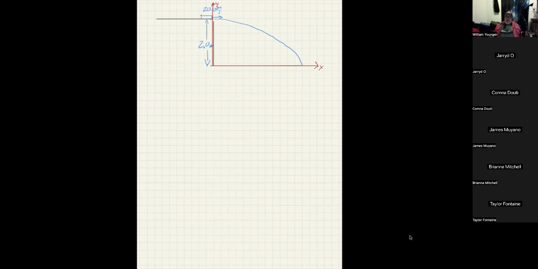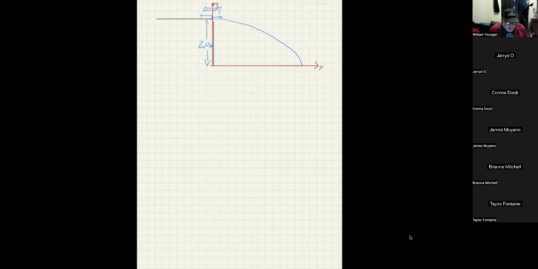As long as it's in the air, the horizontal component of velocity, since there is no air resistance, just stays constant and moves. So for instance, if you're in the air for 4 seconds and the horizontal velocity is 20 meters per second, then you're going to land 80 meters away. So in that sense, it's completely separate.